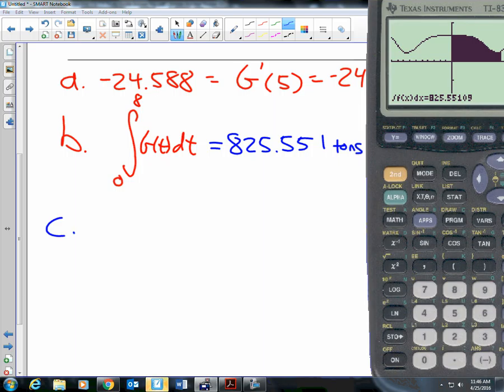Part C says, is the amount of unprocessed gravel at the plant increasing or decreasing at time equals 5 hours? Okay.